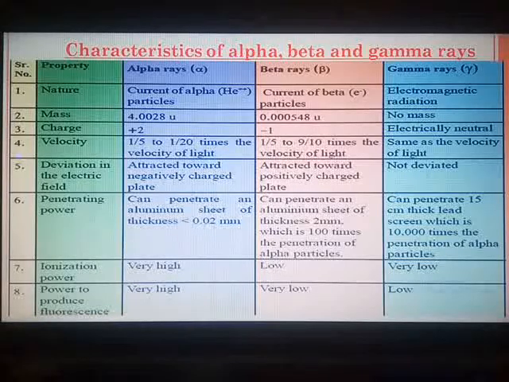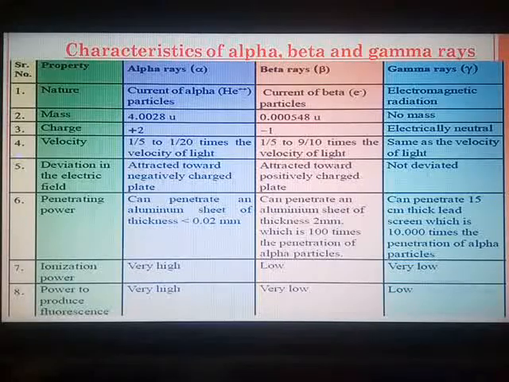So if it is a distinguish between, then you have to look at the marks allotted to the question. For 2 marks, you have to give 4 points. For 3 marks, you have to give 6 points. Any properties you can write here. Some can write about the mass, charge, ionization power. Some will write about the nature, velocity. It depends totally on you.